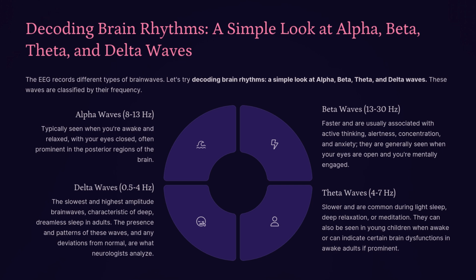They can also be seen in young children when awake or can indicate certain brain dysfunctions in awake adults if prominent. Delta waves, 0.5 to 4 Hz, are the slowest and highest amplitude brainwaves, characteristic of deep, dreamless sleep in adults. The presence and patterns of these waves, and any deviations from normal, are what neurologists analyze.